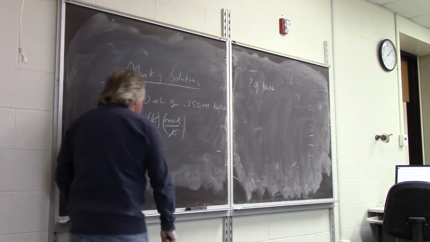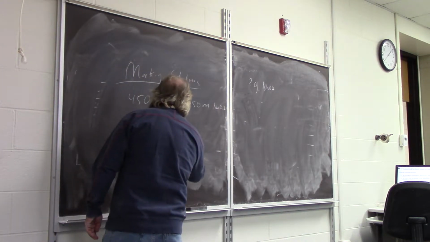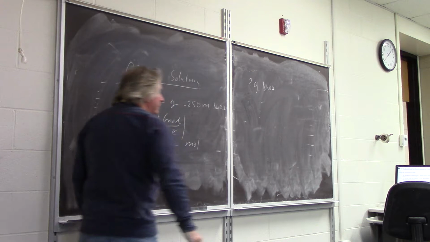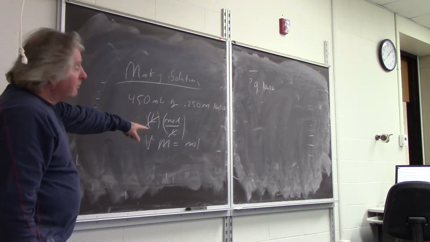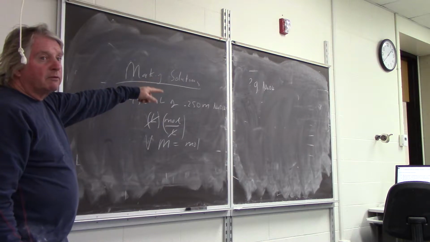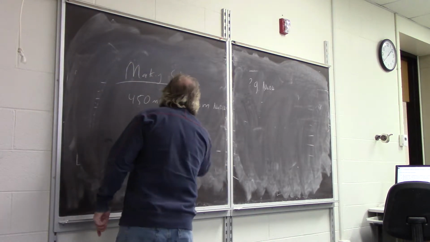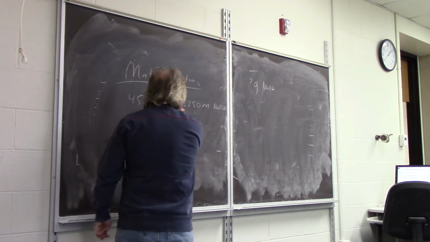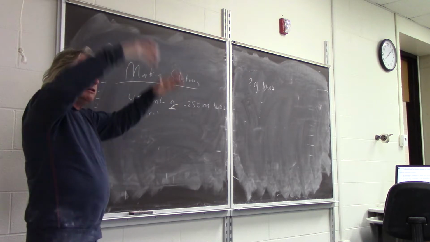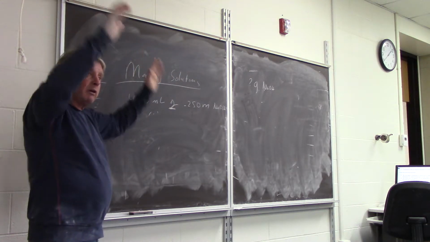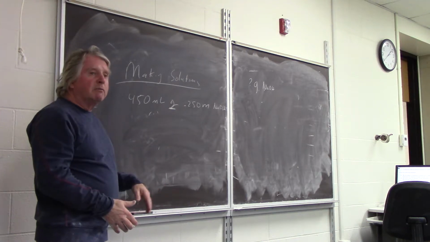If you multiply the volume times the molarity, you'll end up with moles. And then once we have moles, we use the molar mass to figure out grams. Here's that word of. Remember, when you hear of, it usually means you're doing a multiplication.